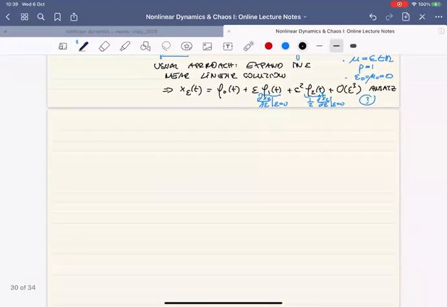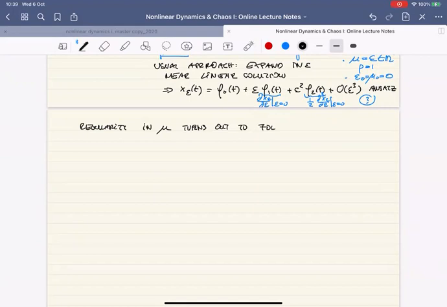So the good news is that we don't have to do much work. It turns out that the regularity in mu, which is differentiability, is just a short term for that, turns out to follow from things that we've already seen in X naught, which is surprising, right?